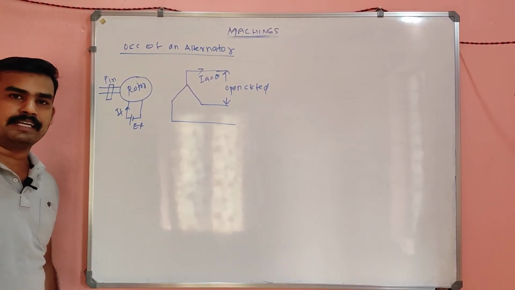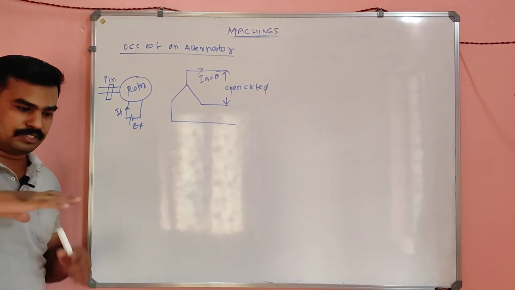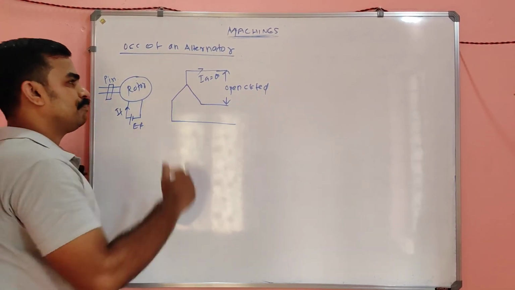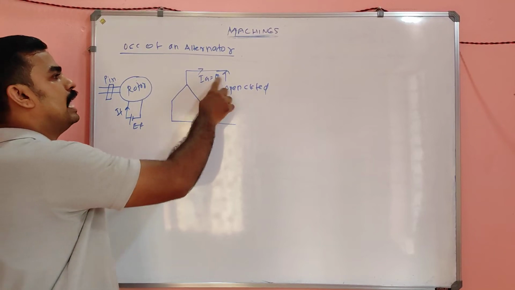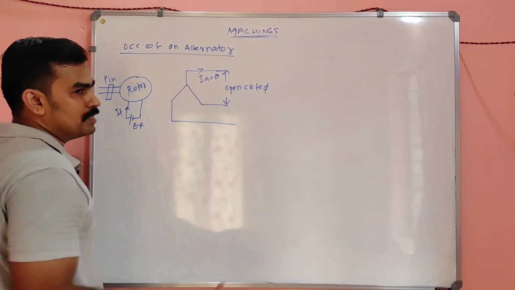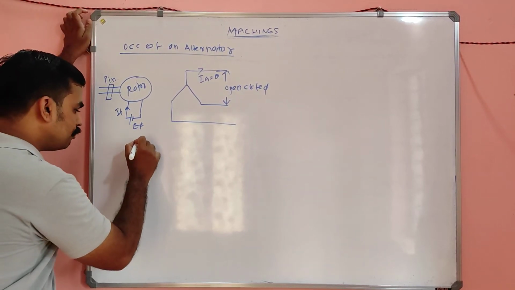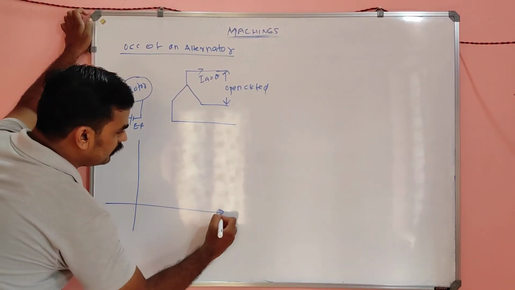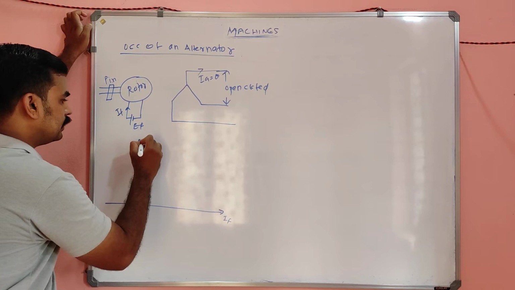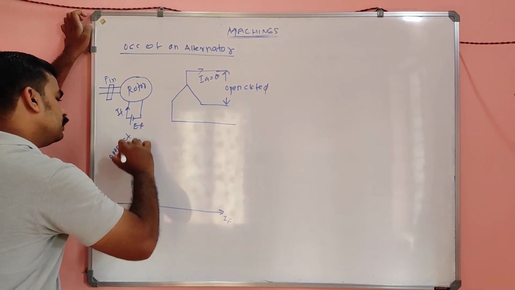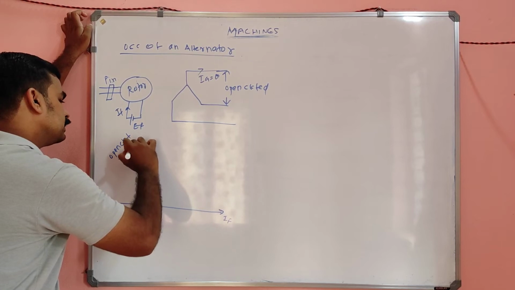We know that the alternator stator, or the armature, will be star connected. So this is the situation. Here the armature current will be 0 because it is open circuit, right? So you have to plot a graph between the field current and open circuit voltage.